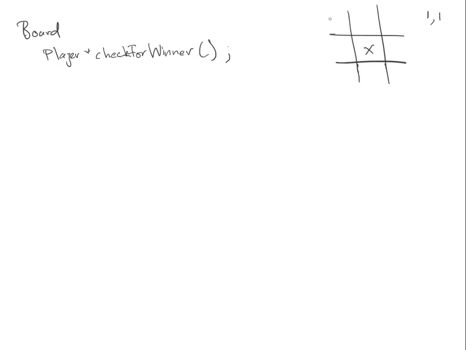We're just going to treat everything as zero based when we're dealing with design work here for computer programs. So we start at 0, so that's 1, 1 on the board. How are we going to set that? We could do set position, pass in the X, Y, and then pass in the player type. That might work. That actually sounds kind of good.